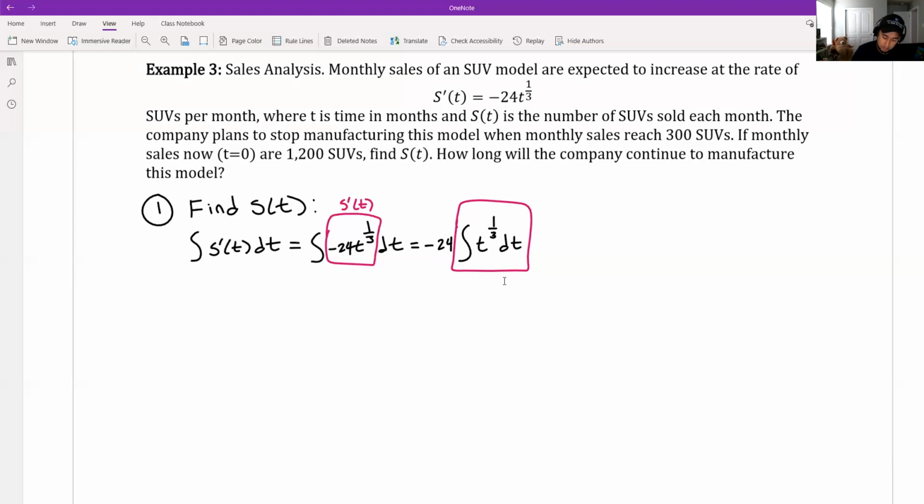So you get negative 24, bracket, and I'll work this one out since it's a fraction, and y'all love fractions. t to the 1/3 plus 1 over 1/3 plus 1. So your fraction work: 1/3 plus 1, put 1 over 1, get a common denominator of 3, and this will give me 1/3 plus 3/3, which is 4/3. So what we have next is negative 24 times t to the 4/3 over 4/3.